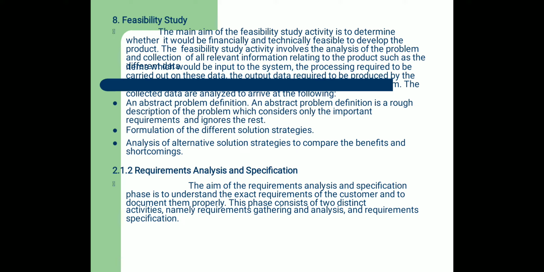Requirement analysis and specification. The aim of the requirements analysis and specification phase is to understand the exact requirements of the customer and document them properly. This phase consists of two distinct activities, namely requirements gathering and analysis, and requirement specification.